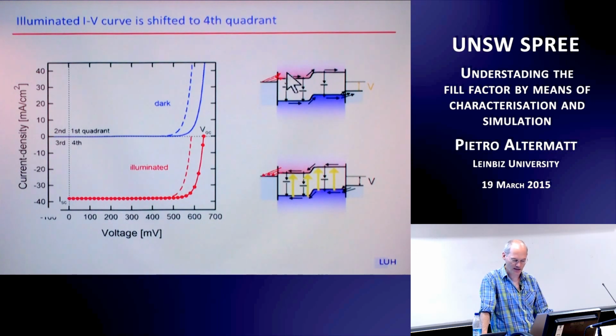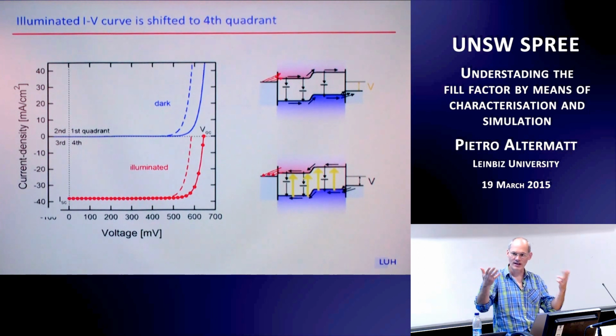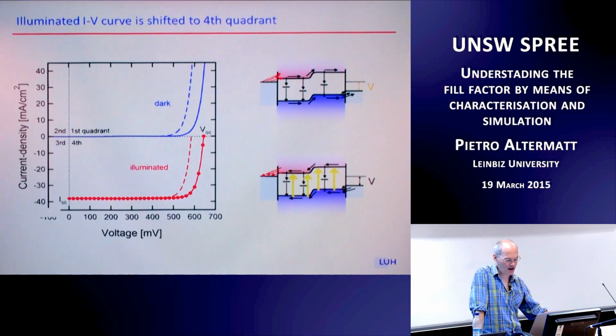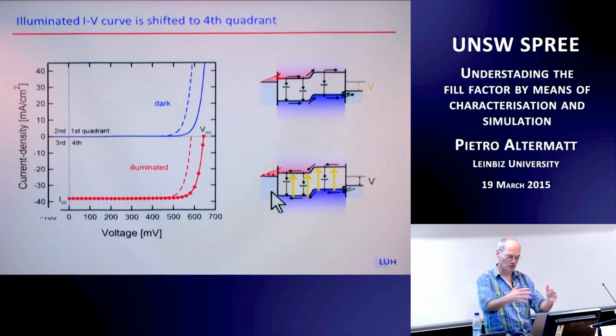That means your current direction switches, and it goes to negative values. If your Fermi level stays the same under illumination and in the dark, the so-called superposition principle, the shape stays the same. That's how we end up at the illuminated curves. And you directly see that if you get fewer defects, you get a higher VOC, because you just shift it down.